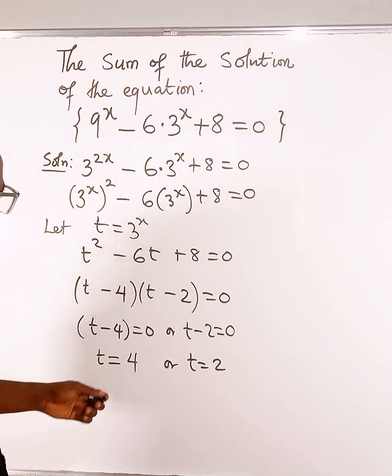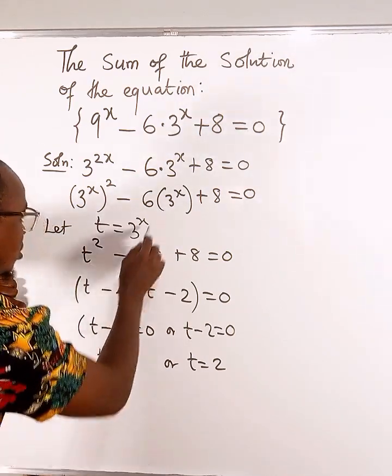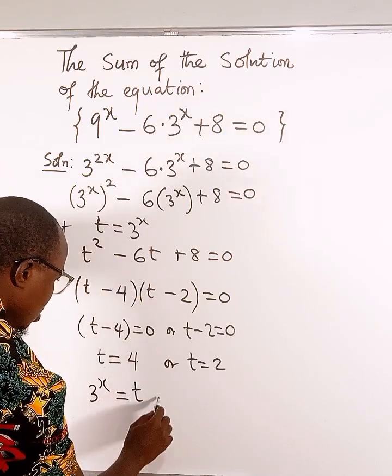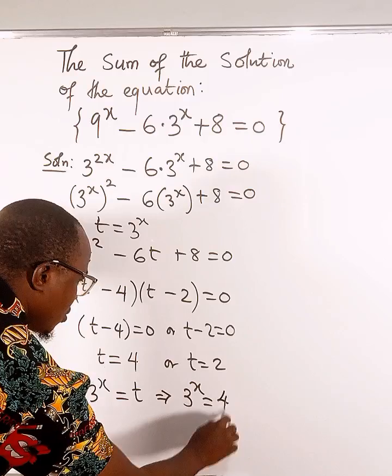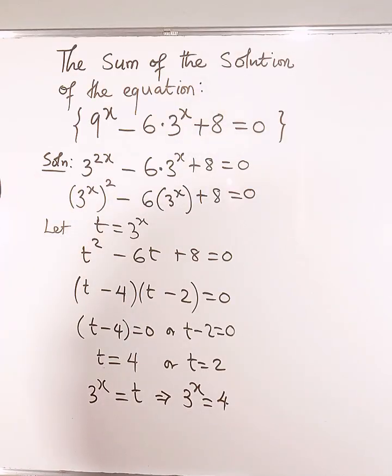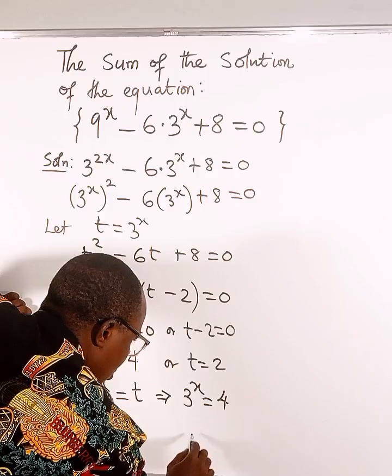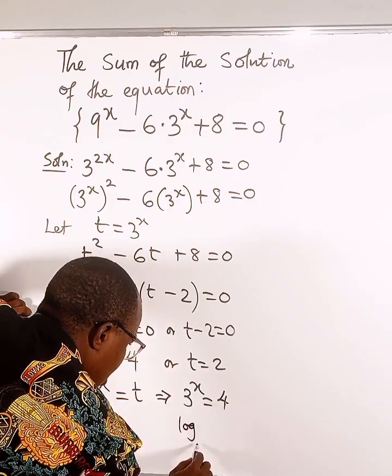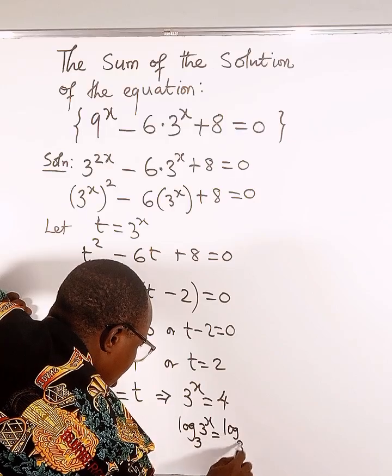Now, don't forget that we have 3 to the power of x equal to t. So this implies that 3 to the power of x equals 4. If you introduce logarithm to both sides, we have log base 3 of 3 to the power of x equals log base 3 of 4.